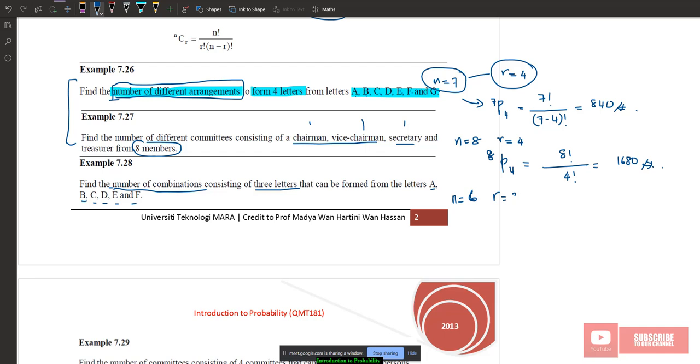You want to choose 3 letters out of 6 letters, and the order of arrangement is not important. When the order is not important, you simply use combination. 6 choose 3 is 6 factorial divided by 3 factorial multiplied by (6 minus 3) factorial, which is 20. Very easy.